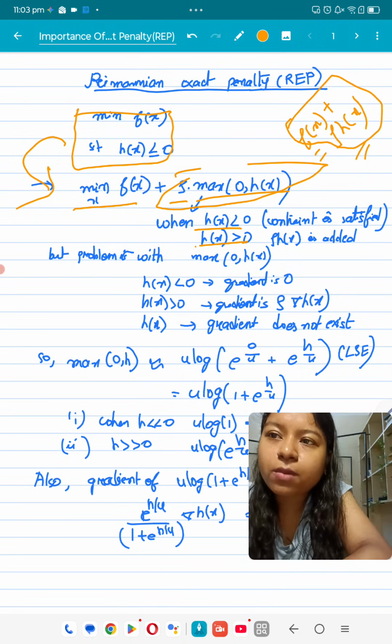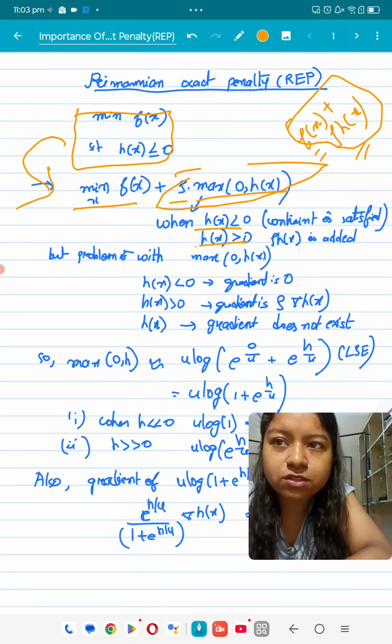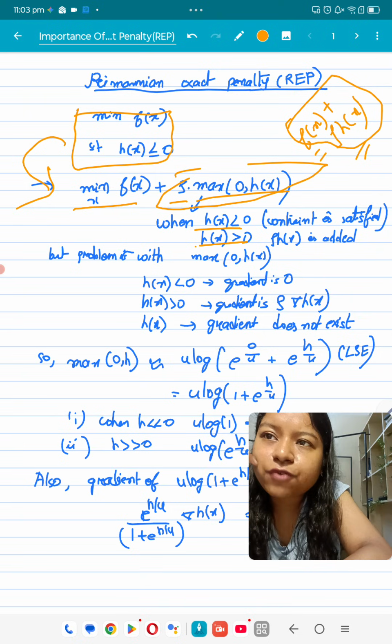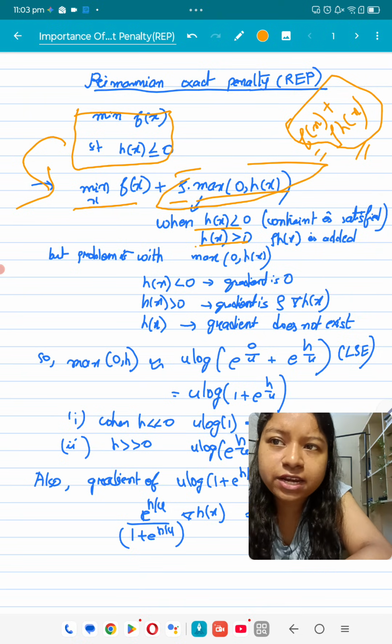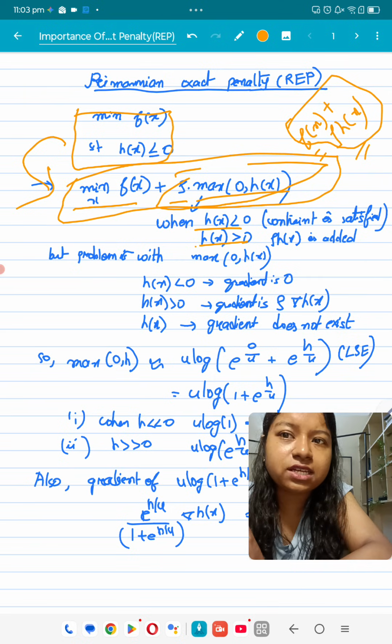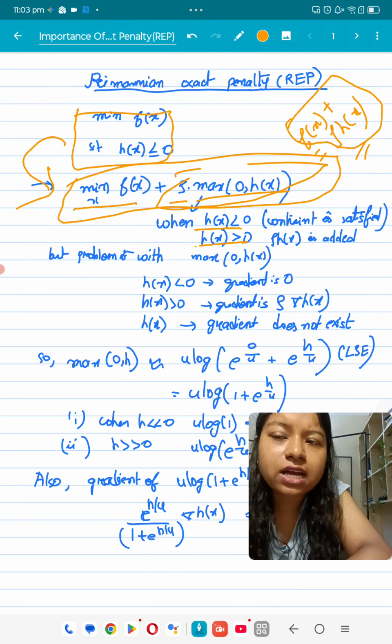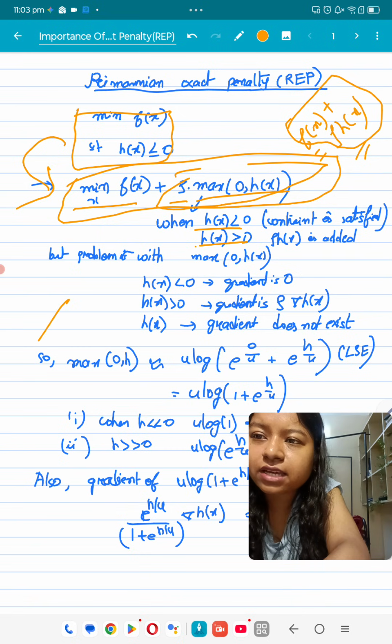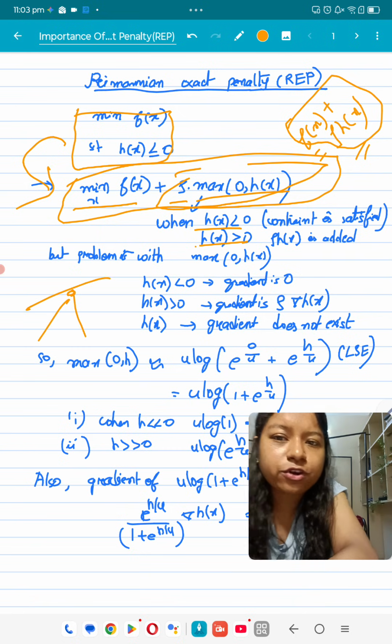Now we can write it with the max operator, but the problem is whenever we try to find the gradient of something having a max function in it, the solution will get stuck in some kind of corner point, right?